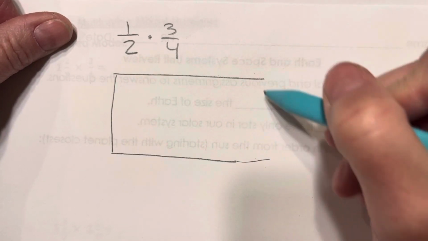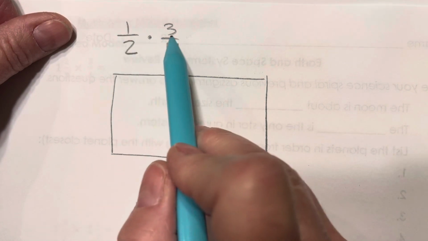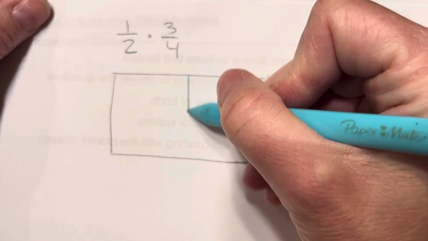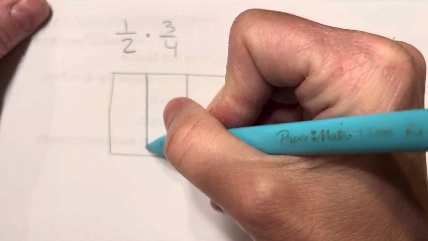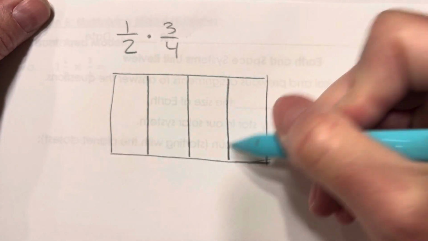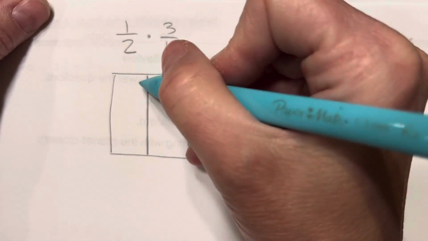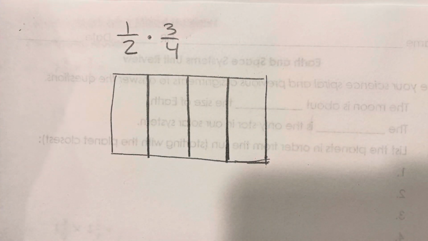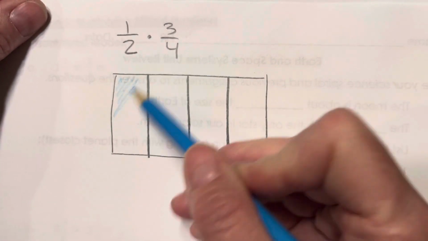So if we were to create an area model for this, here's one whole, right? And I want to find the area of 1/2 times 3/4. So I'm going to put 3/4 on here. Multiplication is commutative, so if you flipped it around, it wouldn't matter. But here I have one whole, and I partitioned it into 4 pieces, and I'm going to show 3 of those pieces to show the 3/4.